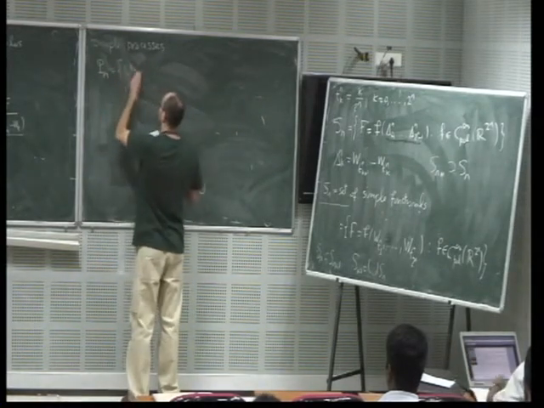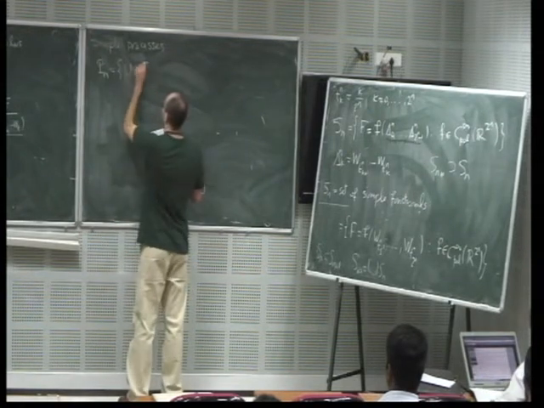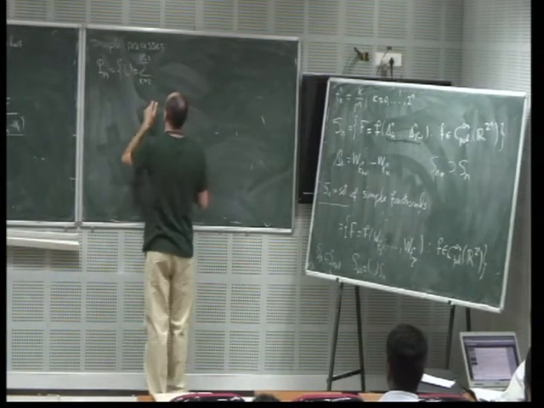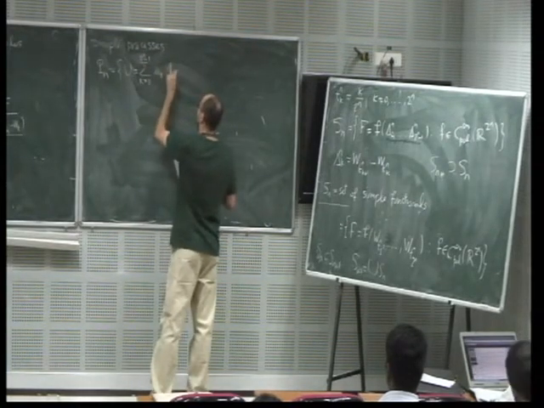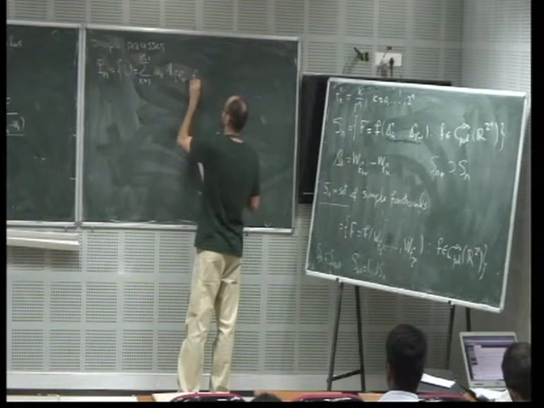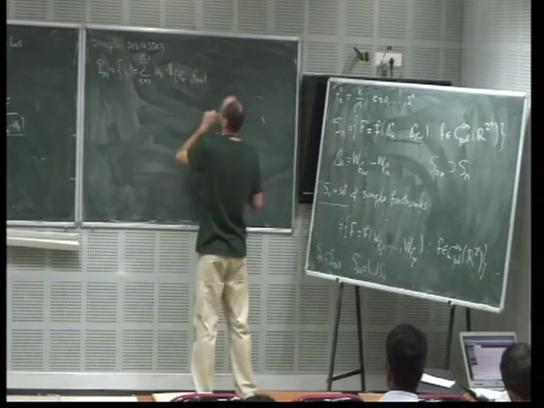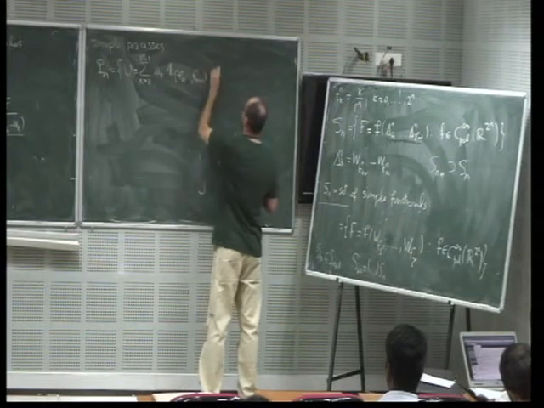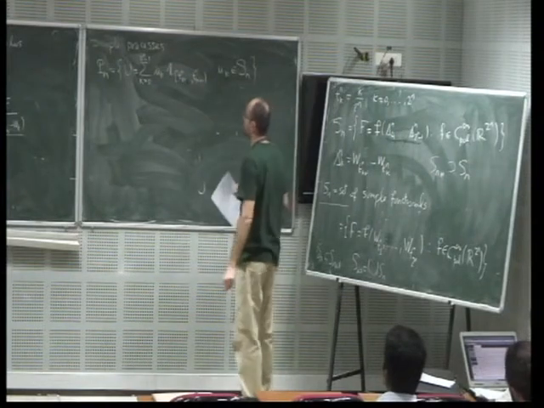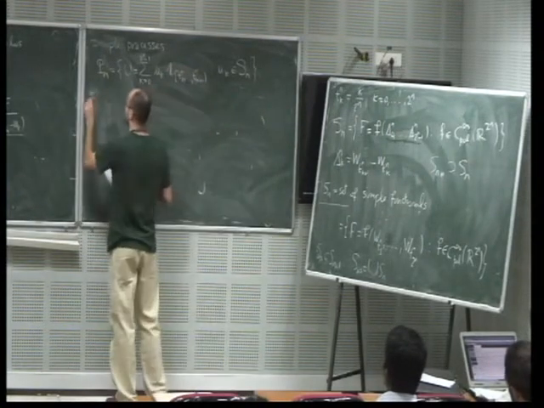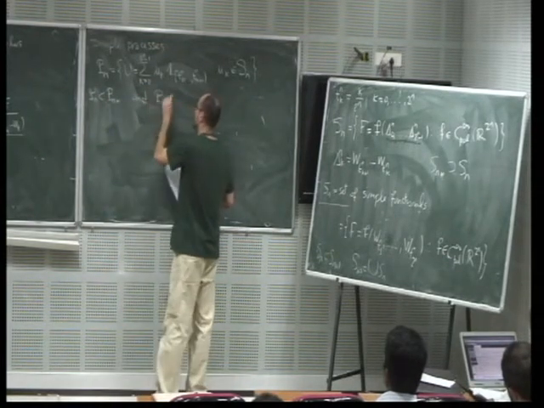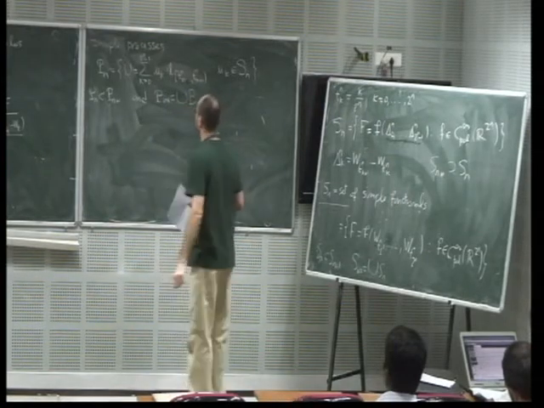A process U is the sum from k equals 0 to 2^n minus 1 of uk times the indicator function of [t_k^n, t_{k+1}^n), where each uk is a simple function. And again, Pn is contained in Pn plus 1, and we set P infinity as the union of all Pn.